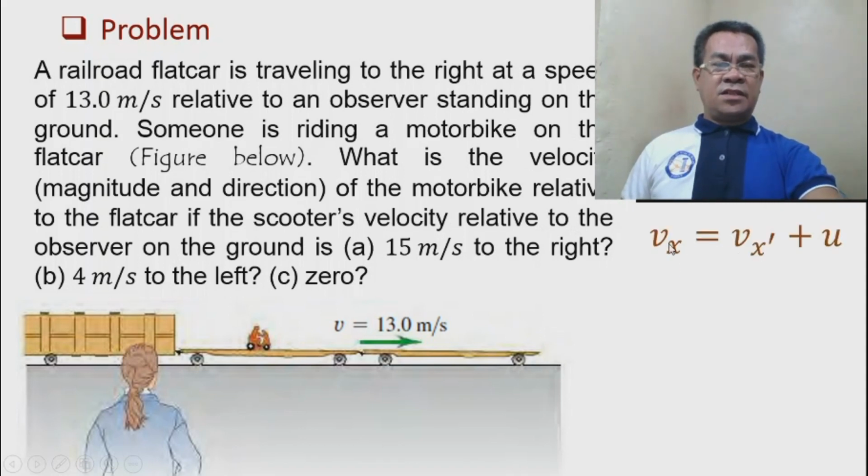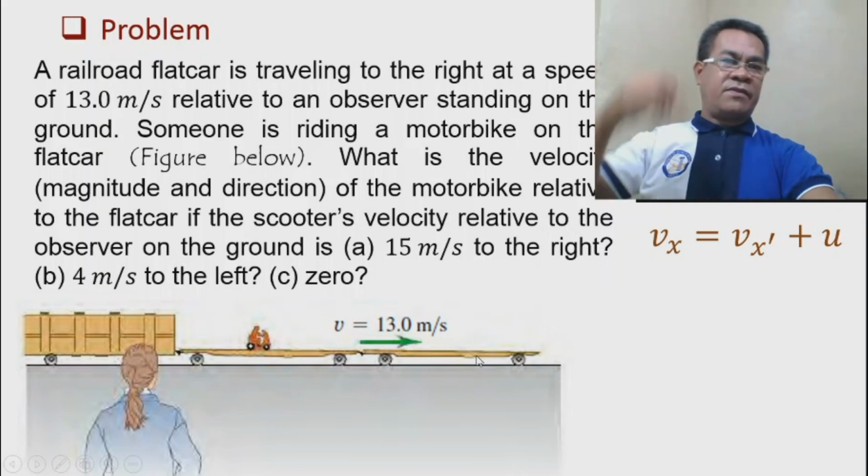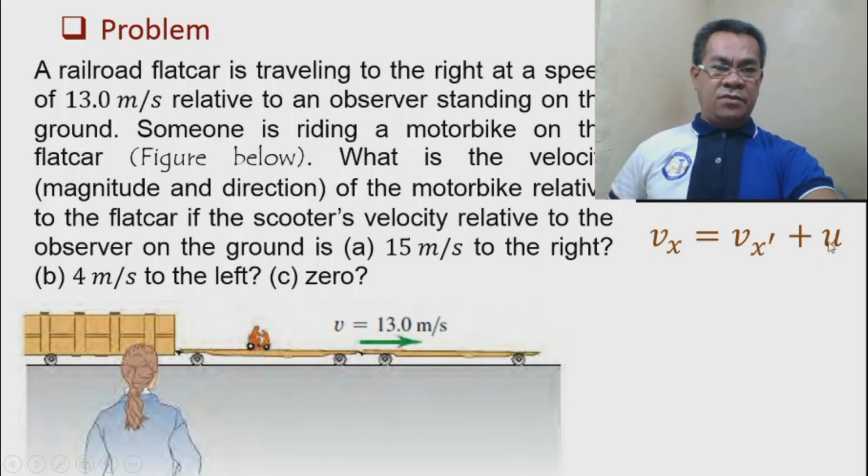Take note that this is purely along x, so we can use Vx equals Vx prime plus u, where Vx is the velocity of the particle with respect to the rest frame, Vx prime is the velocity of the particle with respect to the moving inertial frame of reference, S prime, and u is the velocity of the frame.